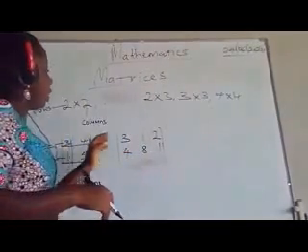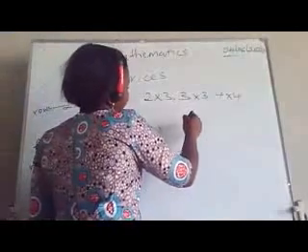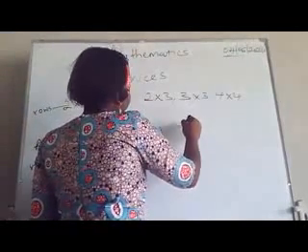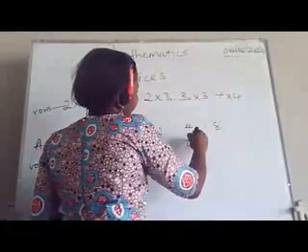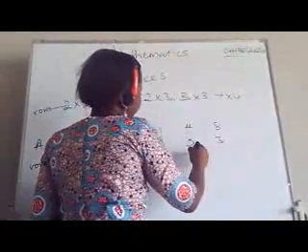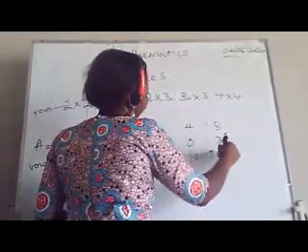Okay, so the third one is the 3x3 matrix, which is 4, 1, 8, 0, 1, 3, 10, minus 9, 4.